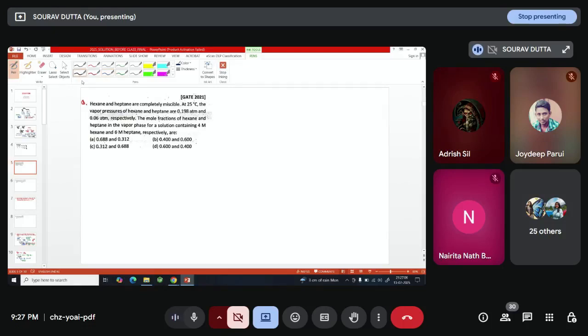So I am just presenting here the corresponding data. আচ্ছা, আমার সুবিধার জন্য for our calculation we can represent hexane as A and heptane as B. Okay. Fine.